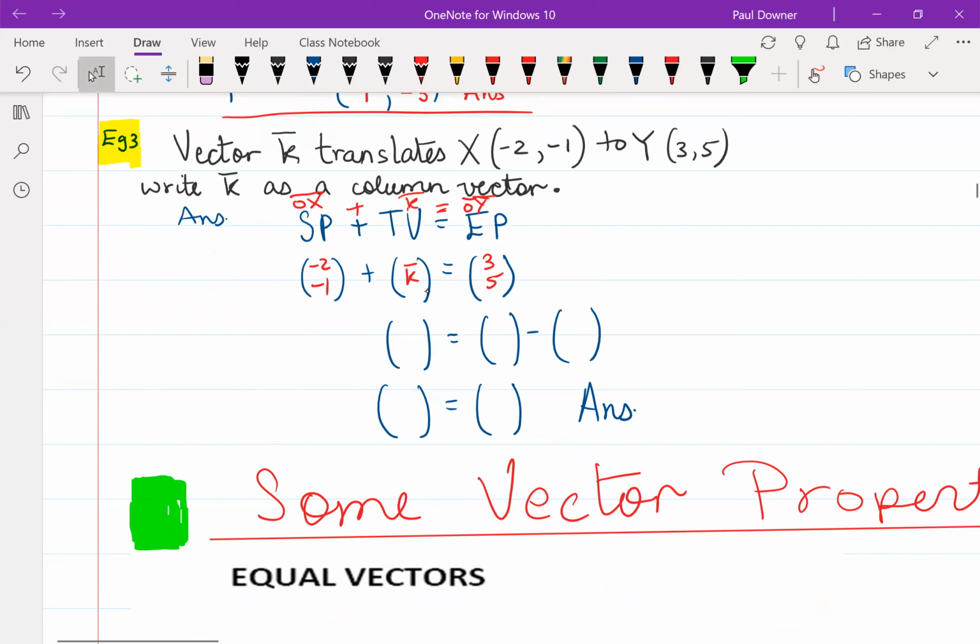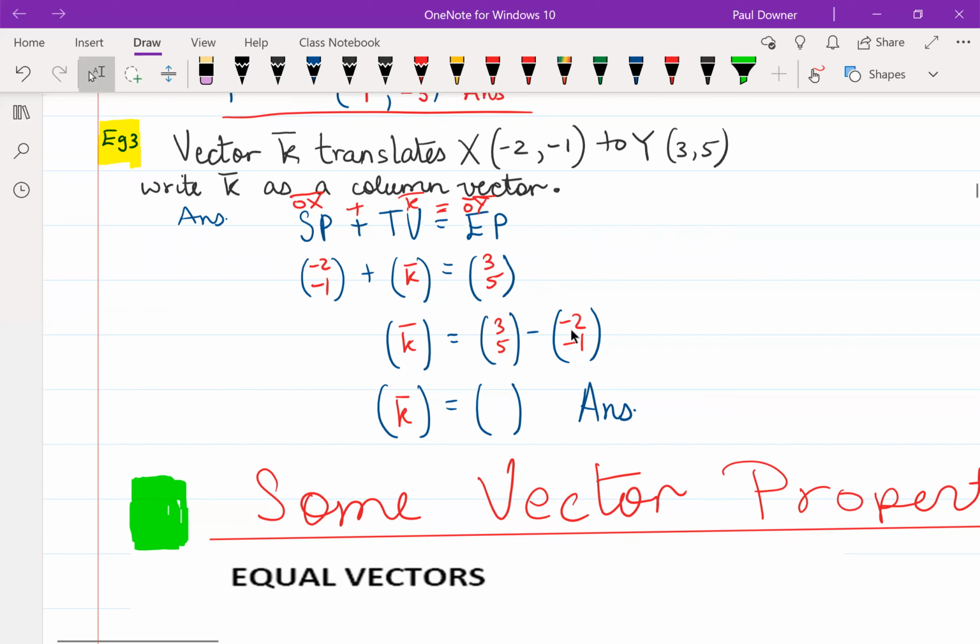So we are interested in finding K as a column vector. So K is going to come back here. But we need to remove this, right? So we minus it from this side, and we're going to have to minus it from this side as well. So this side started off with 3, 5, and now we have to minus it on this side here. So it becomes minus 2, minus 1. Of course, we have to be very careful when we're doing the calculation because you have negative numbers involved, right? And there's no calculator if you're doing multiple choice.